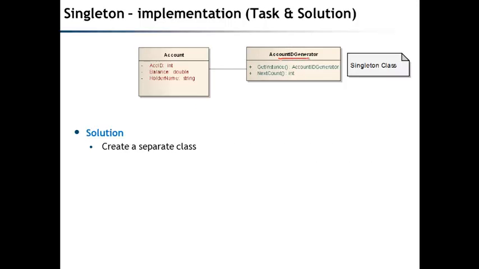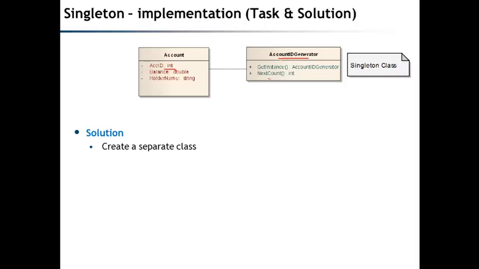So, in order to make the generation of the unique account ID reusable, I'm going to push that into a separate class called ID generator. Now, the sole purpose of this class is to generate random and unique IDs, and I could then use them probably for account IDs and assign them to an account ID in an account class, or probably I could have assigned it to a customer ID in a customer class.